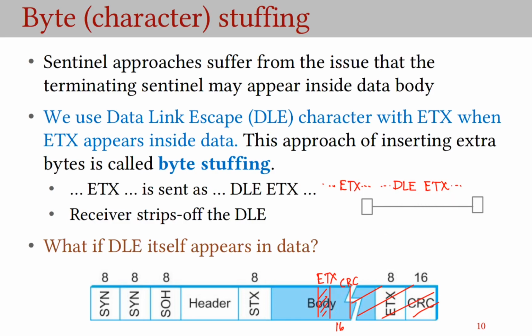On the receiver side, the receiver would always strip off the first DLE, and so what the receiver is going to pass on is this DLE stripped and just ETX.